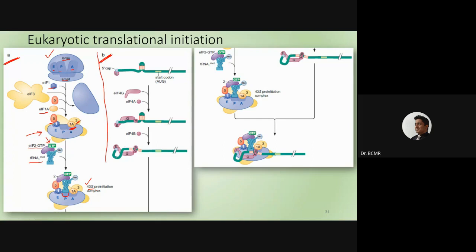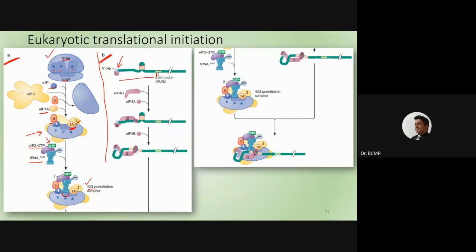Okay, and now we will look at the preparation of the mRNA. I hope I have emphasized a lot on the GCAP, the 5' cap that is present on the 5' end of eukaryotic mRNAs. And the start codon is somewhere a little bit far away, if not very far away.